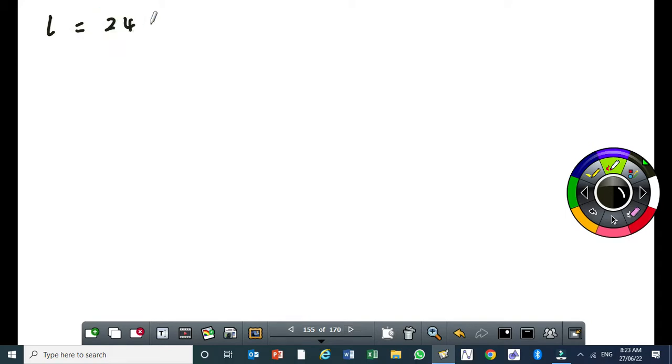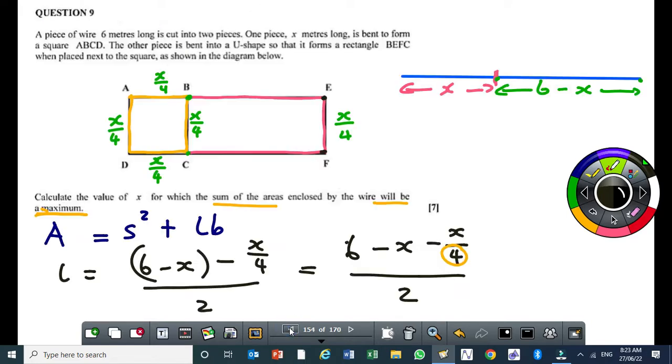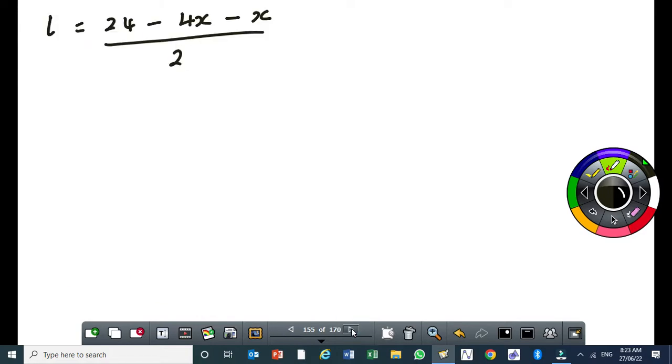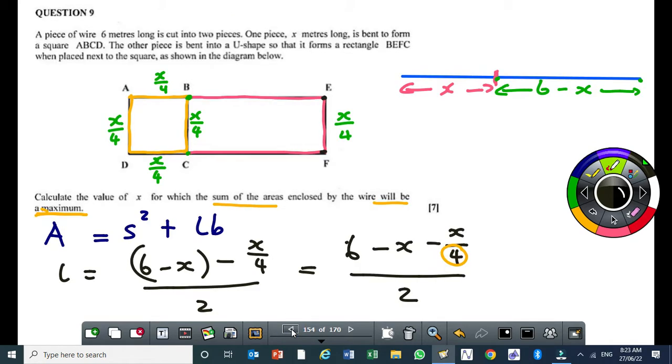So that will be 24 minus 4x minus x, all over 4, and this is all over 2. Then I'll convert this division line to a division what?